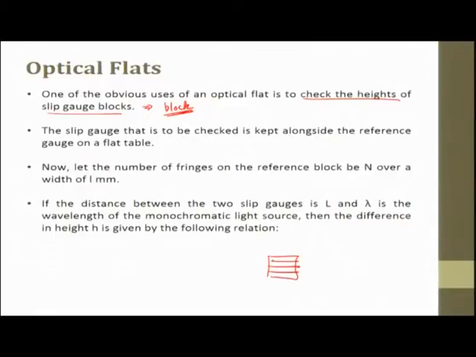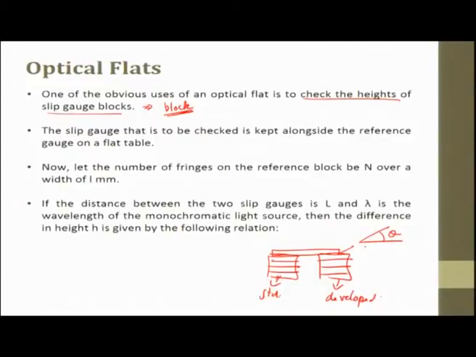You can keep it here, this is a standard and this is whatever you have developed. You can put an optical flat and try to check. This optical flat of course will be at a small angle theta.